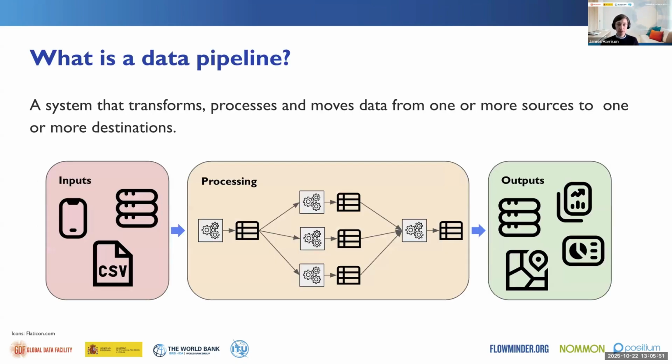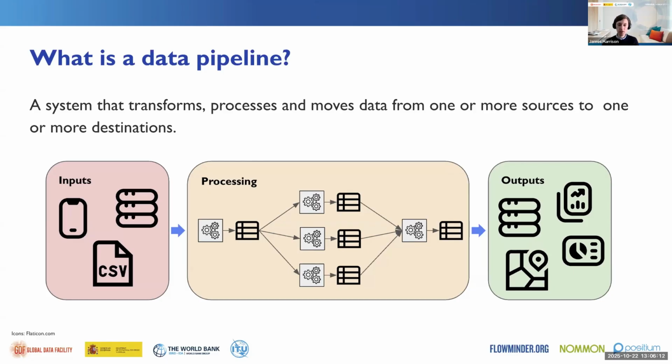So just to clarify things from the start, what do I mean when I talk about a data pipeline? This is a system that transforms, processes, and moves data from one or more sources to one or more destinations. So we have input data, which might be in a series of flat files, or might be coming from databases, could be coming from multiple different sources, different data types.